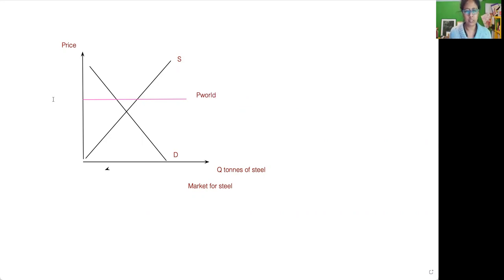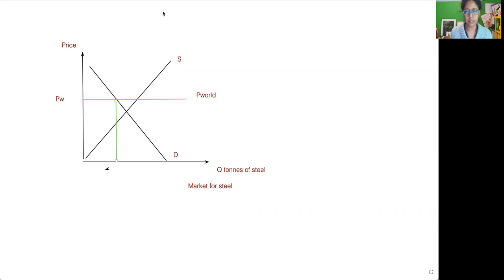So if I go across from the world price to the demand curve, I hit the demand curve. I'm going to drop down, using my green lines, from that demand curve to the quantity axis.